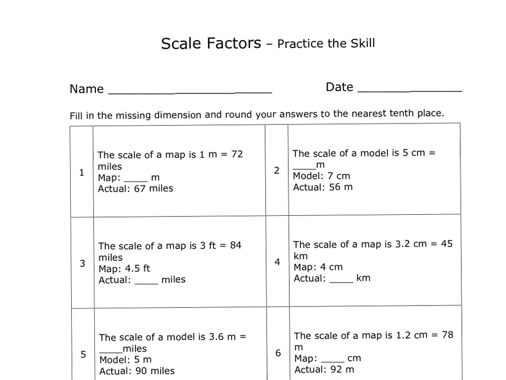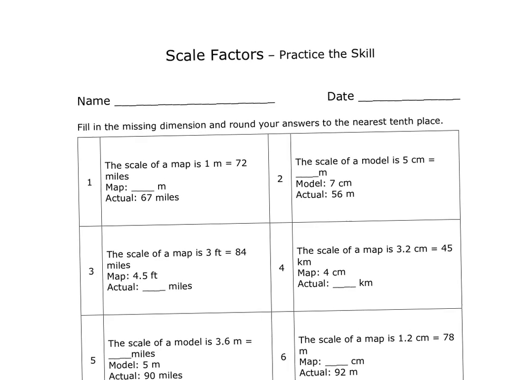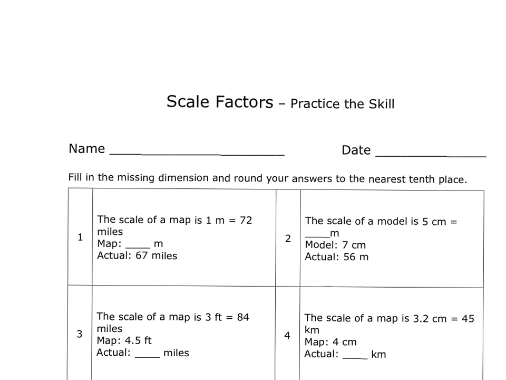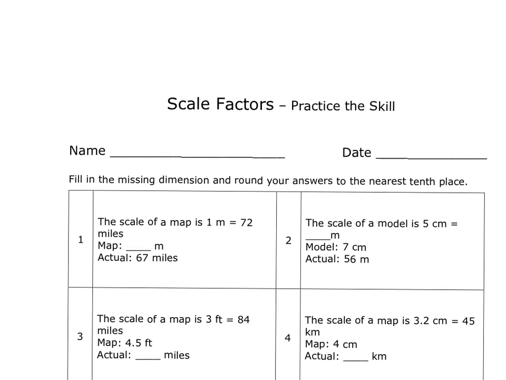Okay, we're going to take a look at scale factor again. Just remember that it doesn't matter what order you put things in, as long as you maintain that order when you create your proportion. So if you decide to go inches over miles for one of your fractions, then your other fraction should be inches over miles.